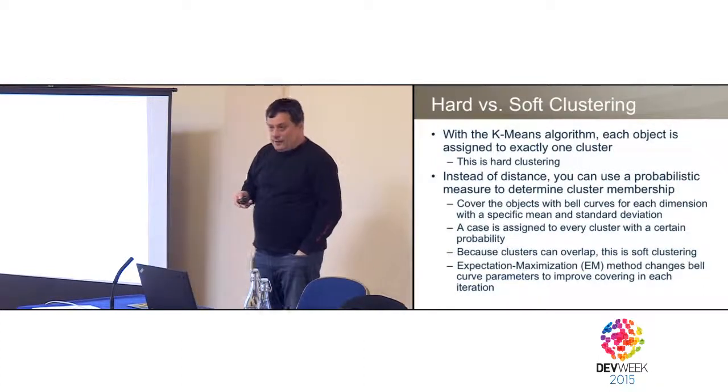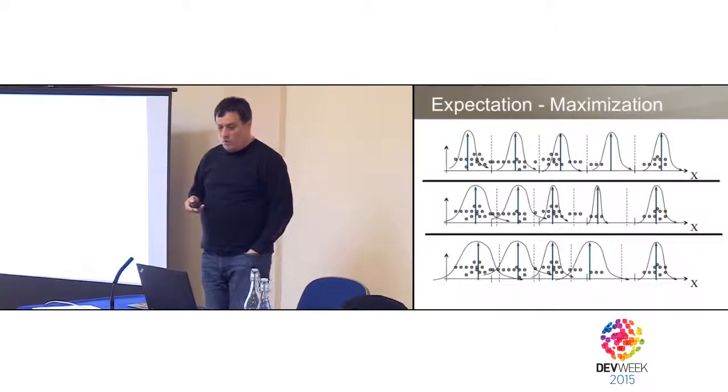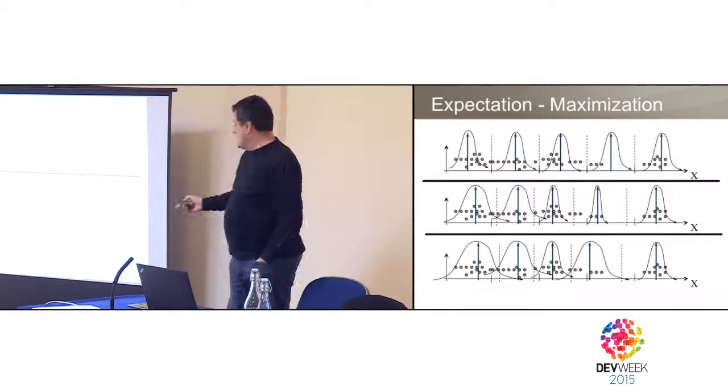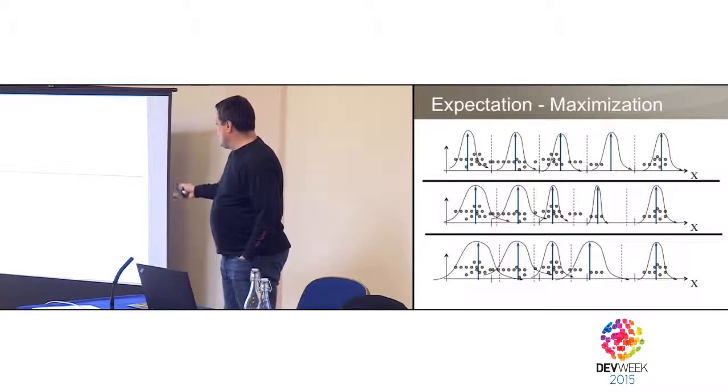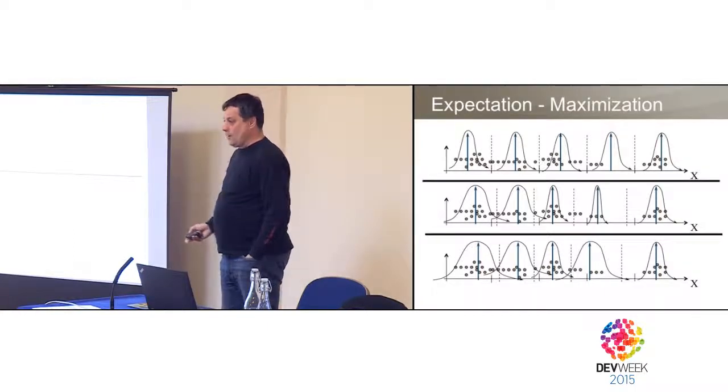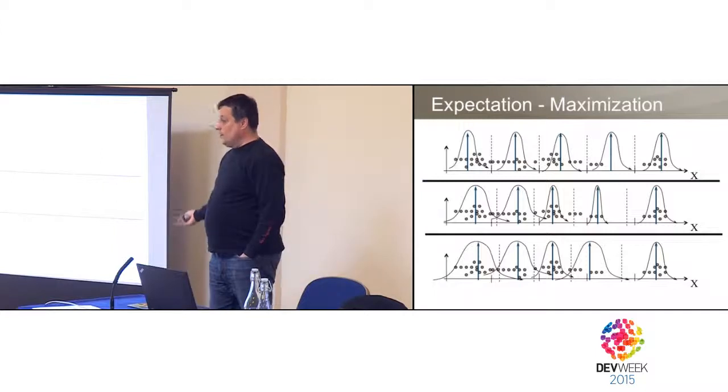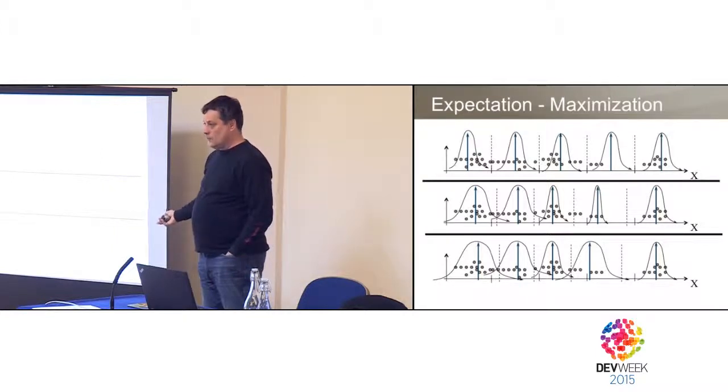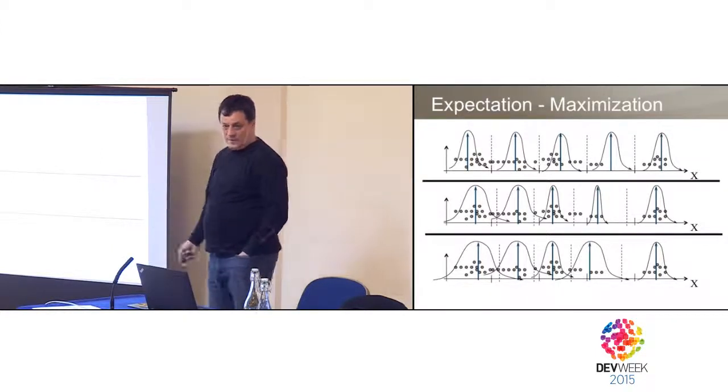So clusters kind of overlap. One case now belongs to all of the clusters. So this is initial state. We have k-means, we create bell curves and try to cover the cases. And then we change the parameters of this Gaussian distribution in such a way in each iteration that we cover more and more points with some probability.